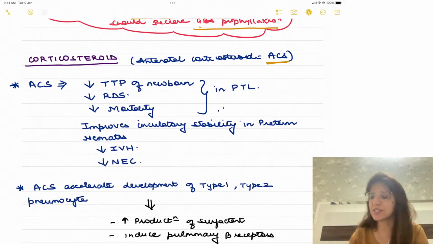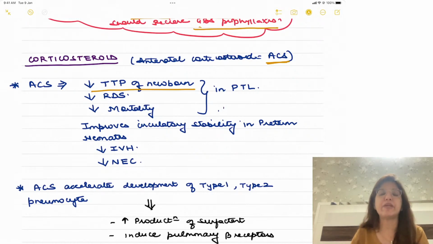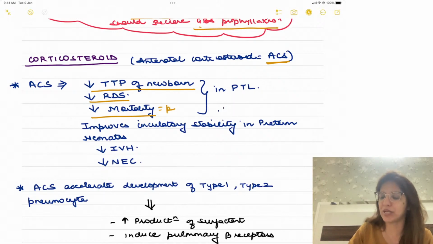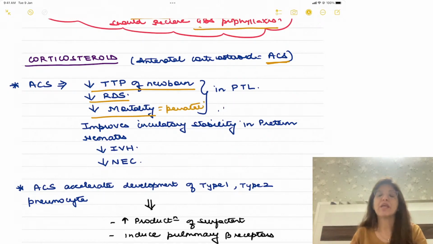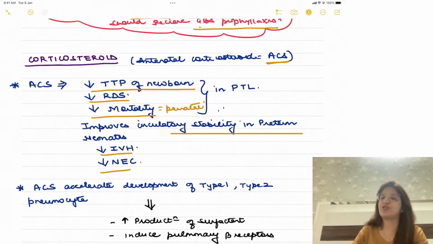What are its advantages? Number one, if you are giving corticosteroid in a patient of preterm labor, it will decrease the chances of transient tachypnea of newborn. It is going to decrease respiratory distress syndrome and it is going to decrease mortality in a patient of preterm labor. Mortality is perinatal mortality. Right? Apart from that, it is going to improve circulatory stability in a preterm neonate, and because it is going to increase circulatory stability, it is going to decrease the chances of intraventricular hemorrhage and necrotizing enterocolitis.